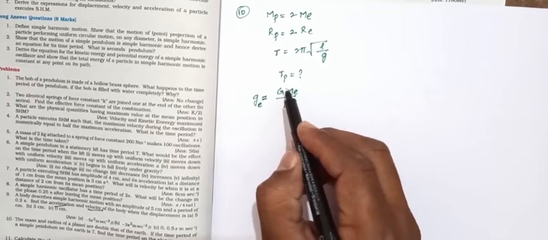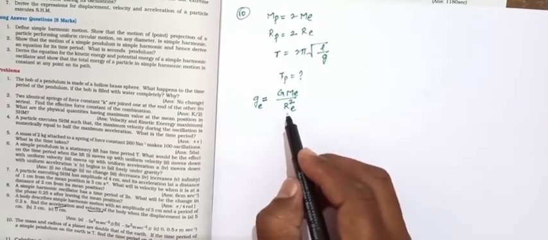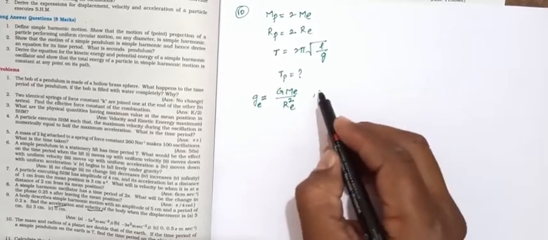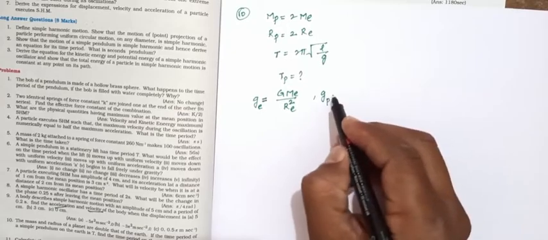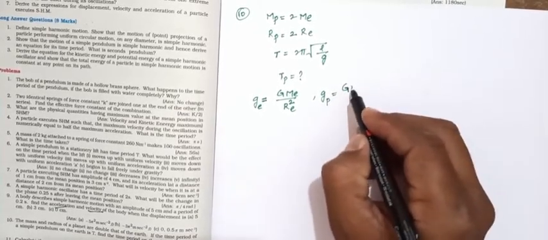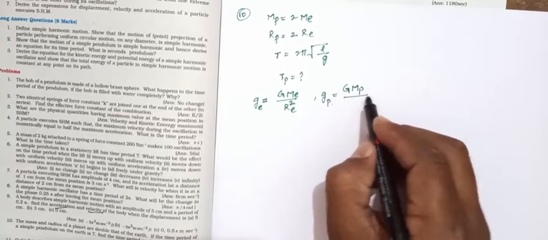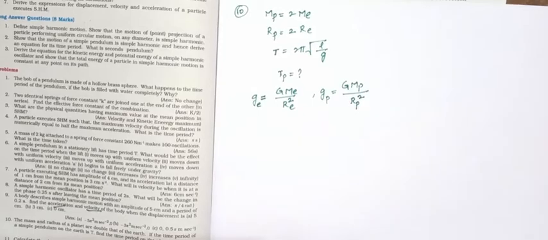Okay, so this is acceleration due to gravity. G is the gravitational constant, Me the mass of the earth and Re the radius of the earth, and the acceleration due to gravity on the planet gp equals G Mp divided by Rp whole square.